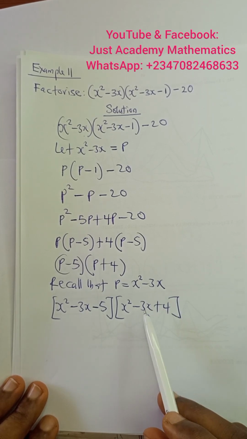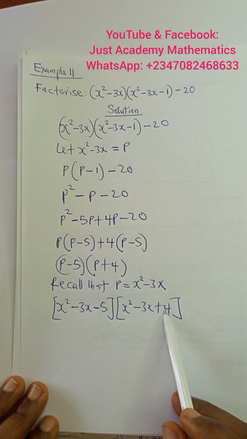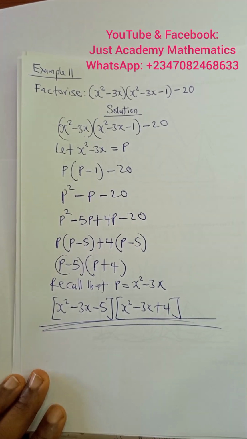Minus 4 plus 1 can give us minus 3, but minus 4 times 1 cannot give us plus 4. So in other words, none of this can be factorized. If none of this can be factorized, then we'll have to leave the answer like this.